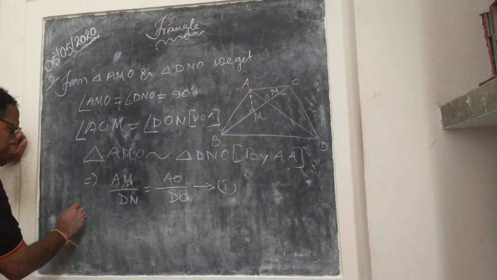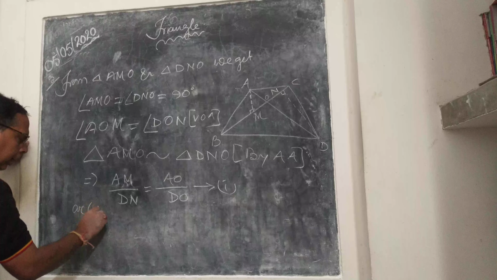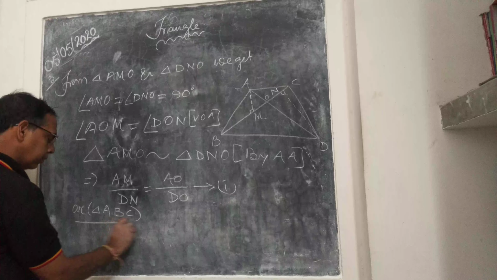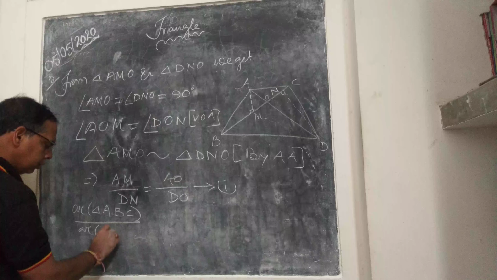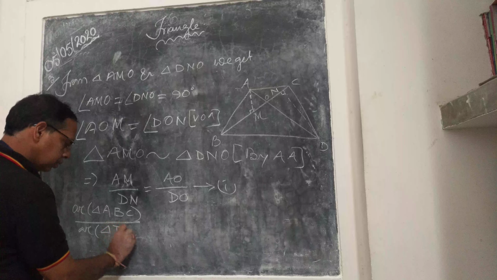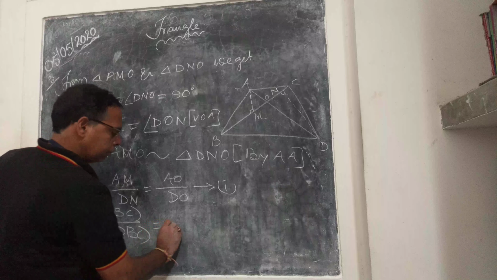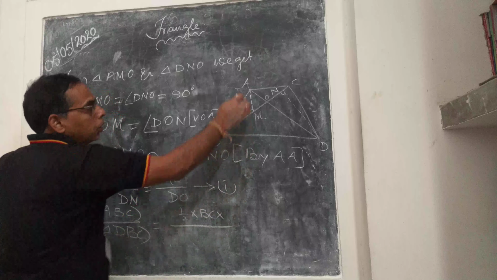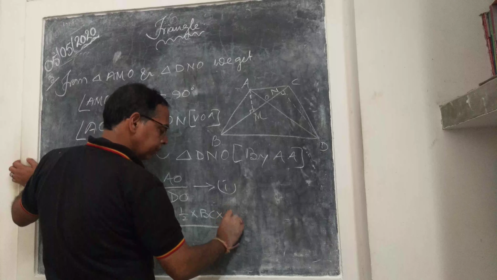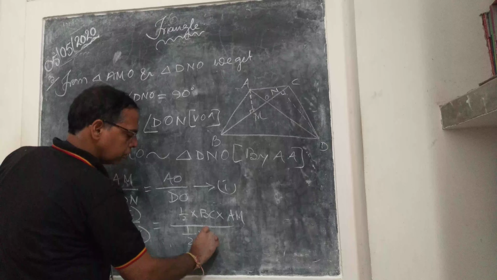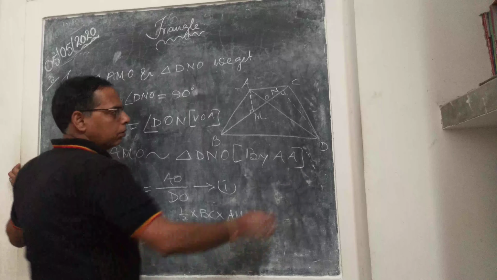So you write down area of triangle ABC by area of triangle DBC equal to half into BC into AM by half into BC into DN.